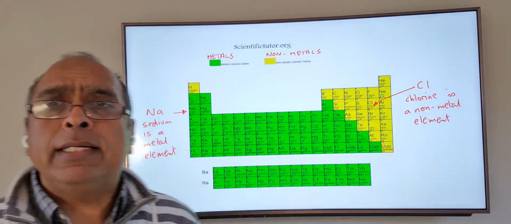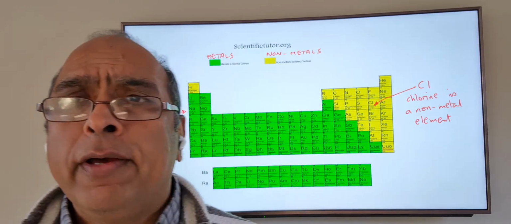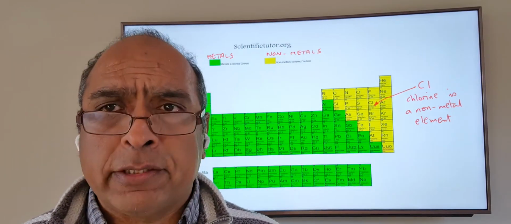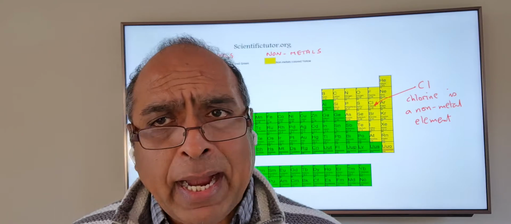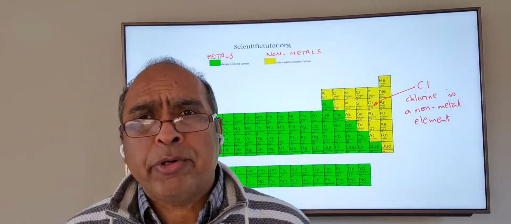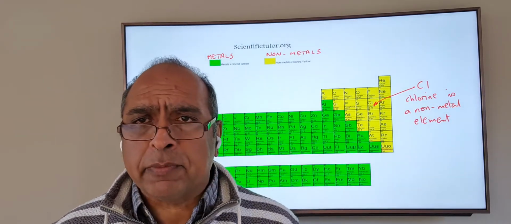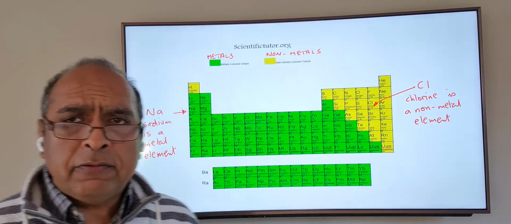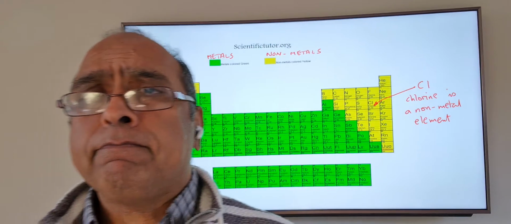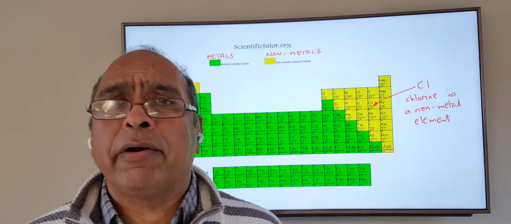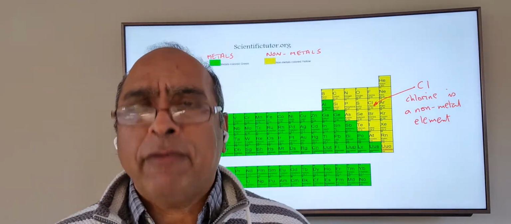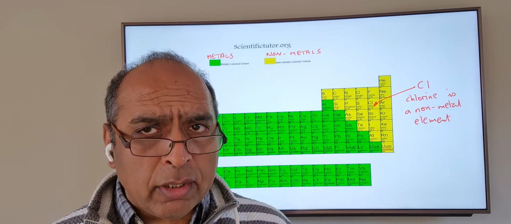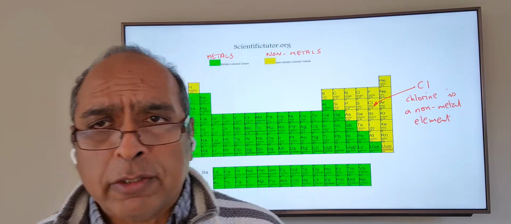Now, this idea of knowing whether an element is a metal or a non-metal will guide you as to how to predict what kind of bonding something's going to have. You must know whether it's a metal or a non-metal. And the most famous example, which I'm going to follow for the next half hour or so, is one of household salt. Household salt is the chemical sodium chloride.